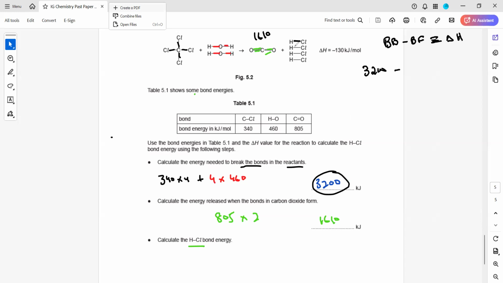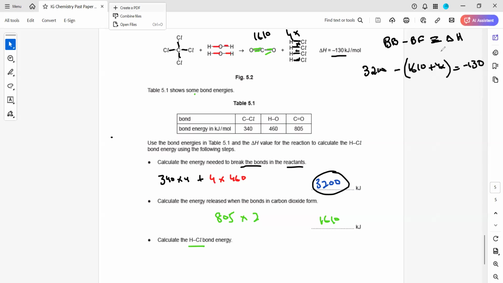How many of them? 1, 2, 3, 4. If 1 is X, the total will be 4X. So the total bond forming energy will be 1610 plus 4X, and that is equal to the enthalpy change, which is given as minus 130.